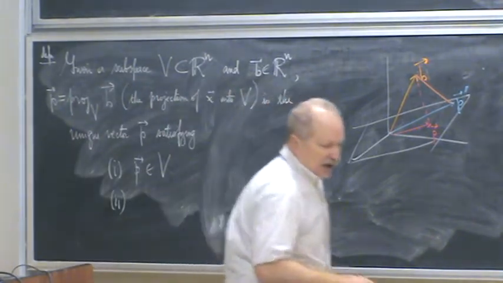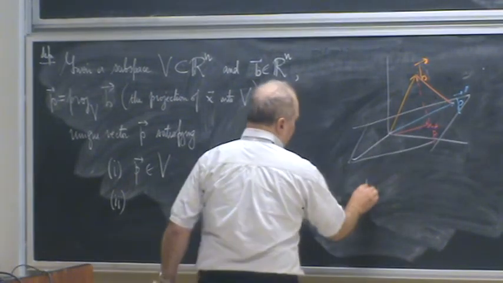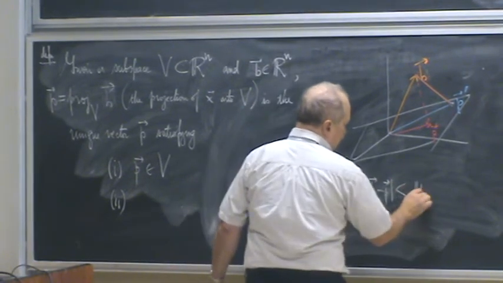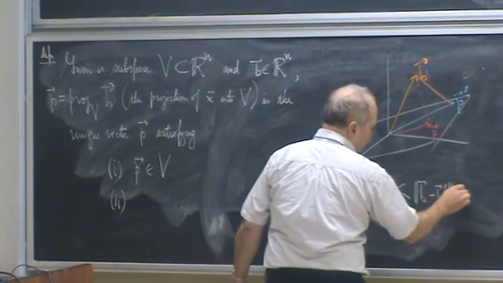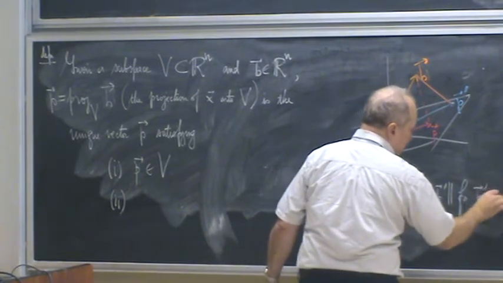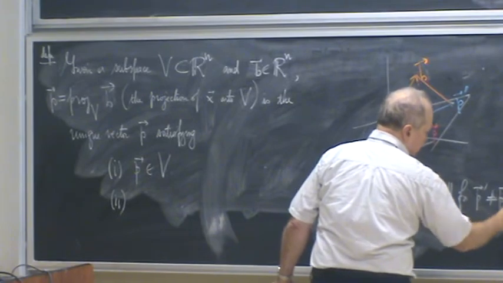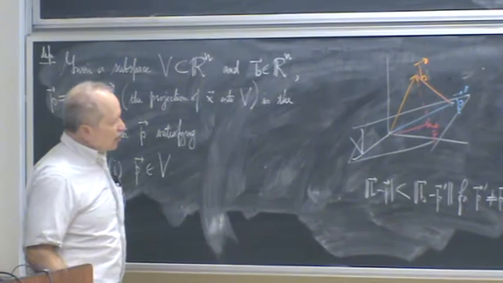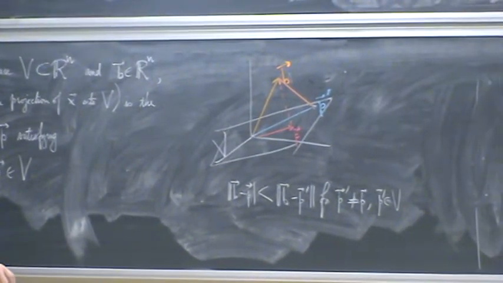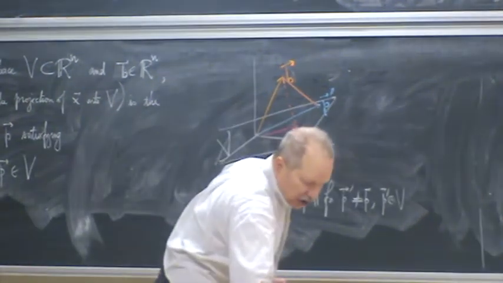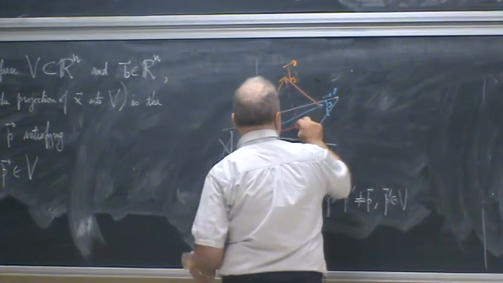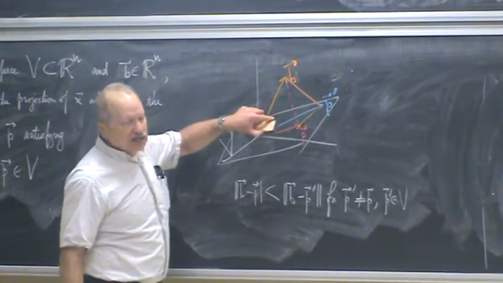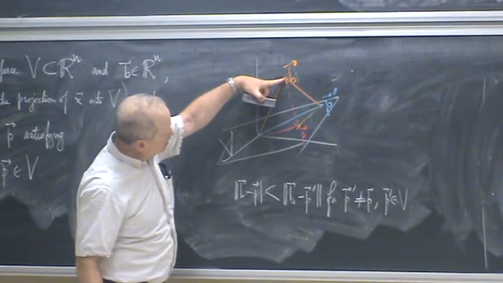So you're saying we should have the magnitude of B minus P strictly less than the magnitude of B minus P prime, for all other P primes not equal to P in the subspace V. But is there a geometric characterization of that, thinking about this triangle? What can you say that would guarantee that this is shortest?